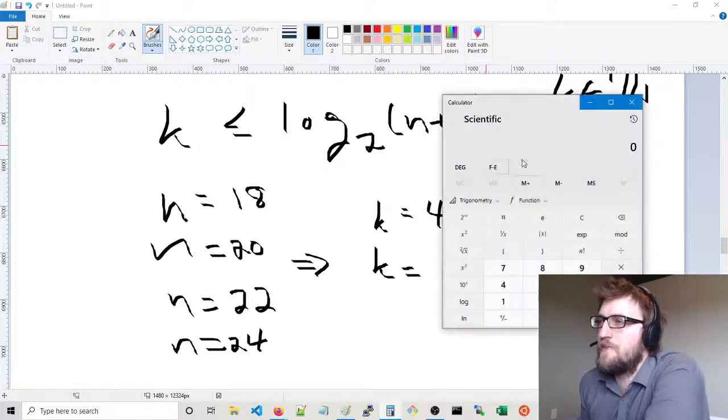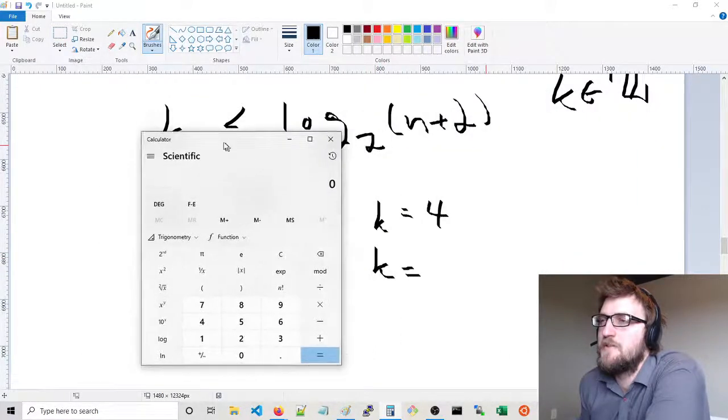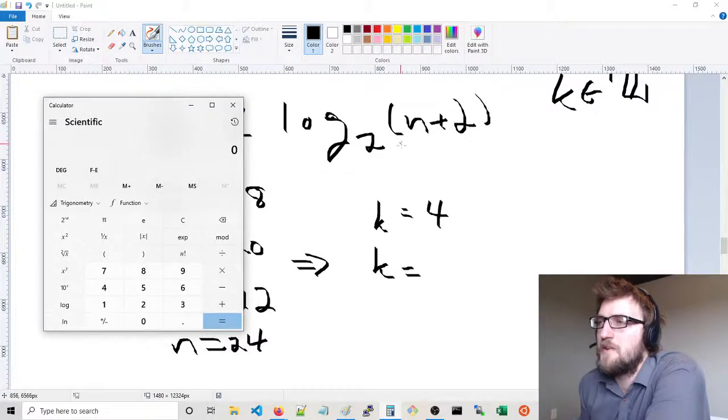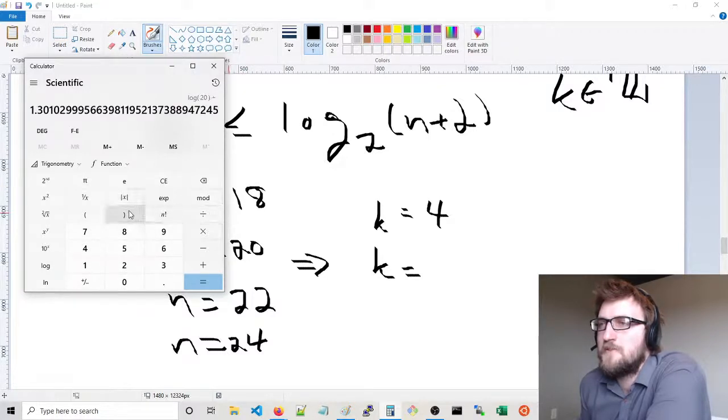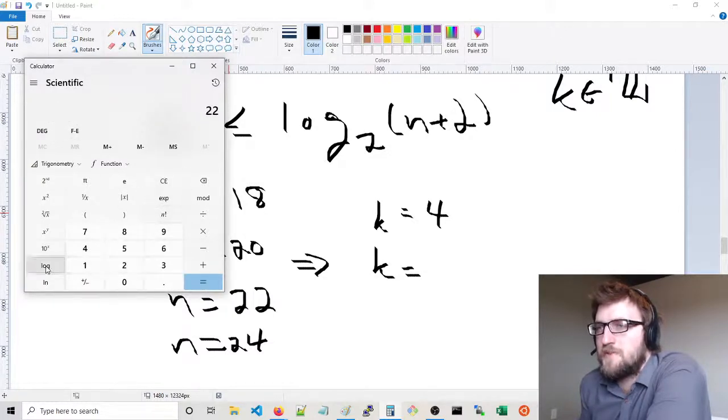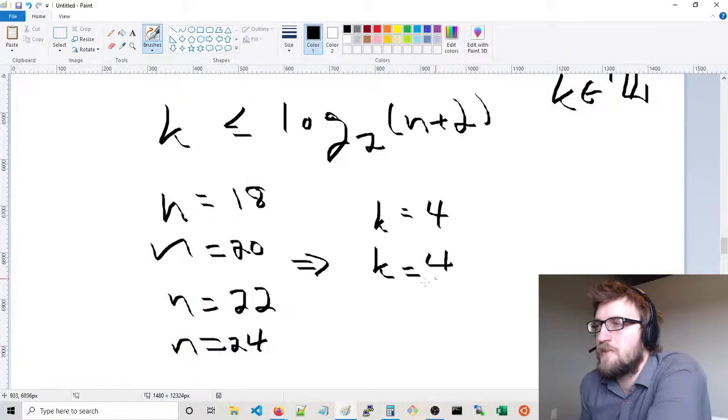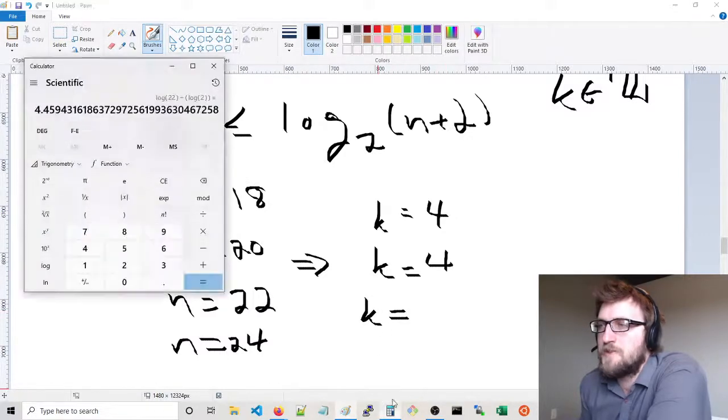Log base 2 of, I think it's also minus 1 somewhere in there, by the way. 20, so 22, so wait, 20, log of 24, log of 22, it's 4.5, still 4. Basically, you take the floor.